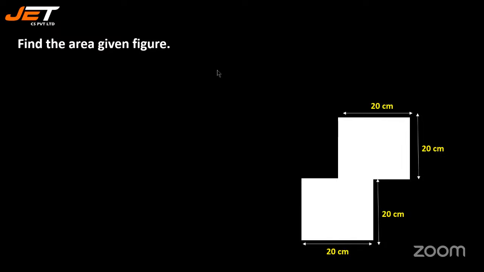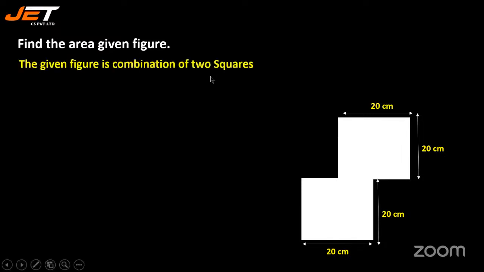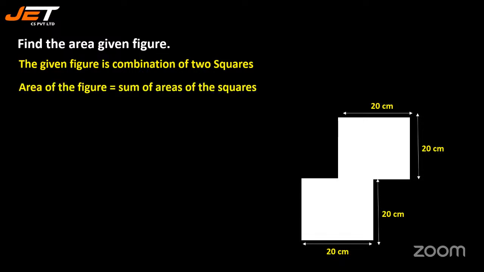We have two squares, as you can see. This is a combination of two squares. In this figure, both of the squares are the same, right? Here, the area of the figure is the sum of the areas of the squares, right?